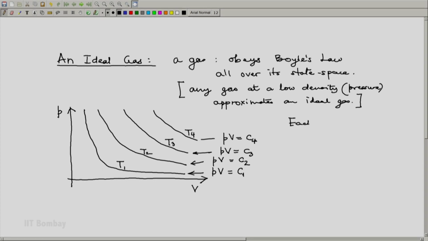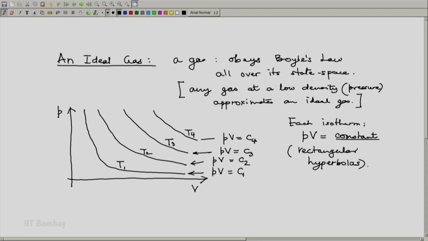So each isotherm is represented by PV equals constant, a different constant for different isotherms, and that means on a PV diagram these are what we call rectangular hyperbolas. Now notice that for a given isotherm, say T2, the temperature is fixed at T2.